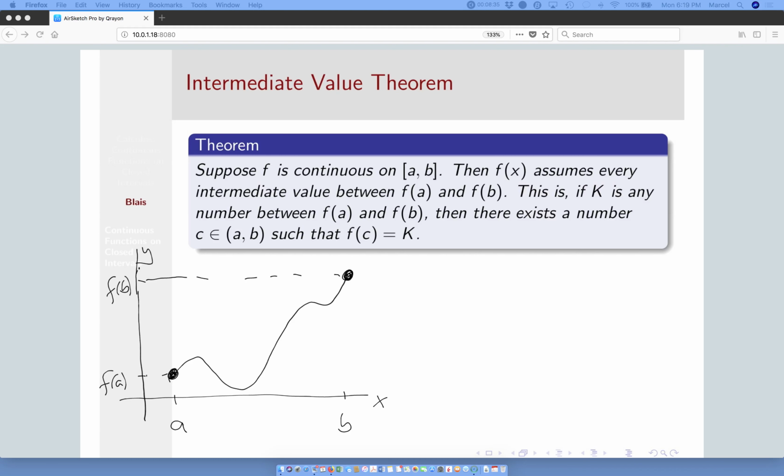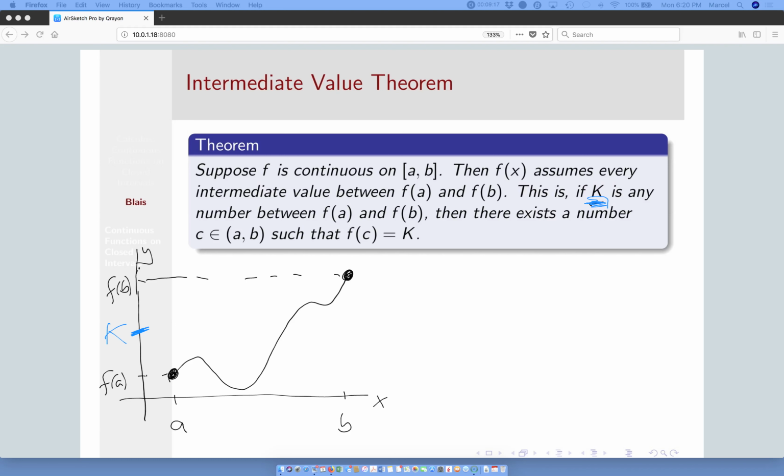So what is this intermediate value theorem? Let's translate this theorem into the picture. If k is any number between f(a) and f(b), so k is some number over here, what the theorem says is this k has to be connected with some c in [a, b] such that if you plug c into the function, you get k.